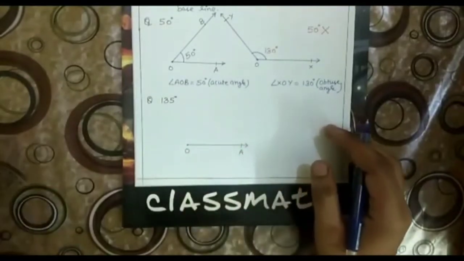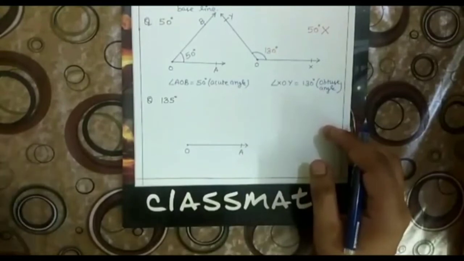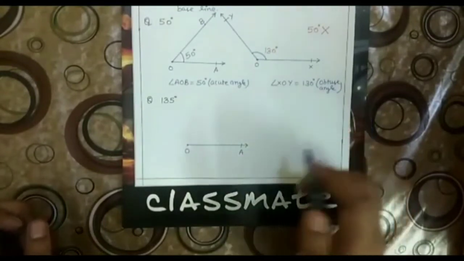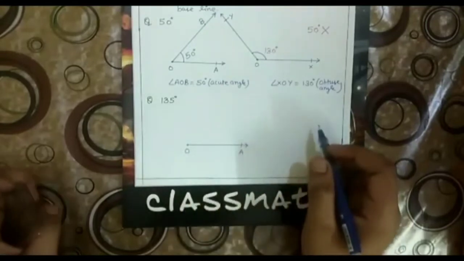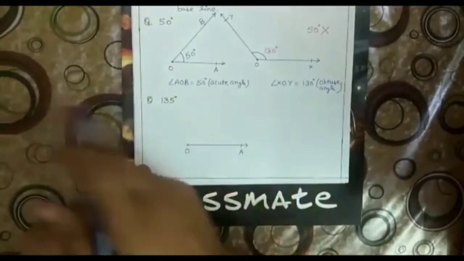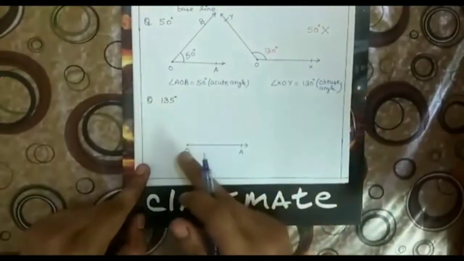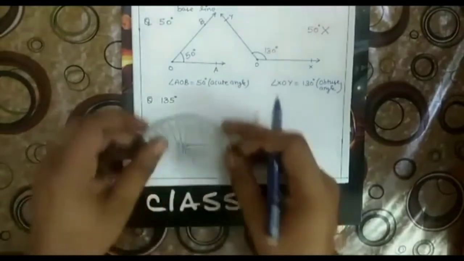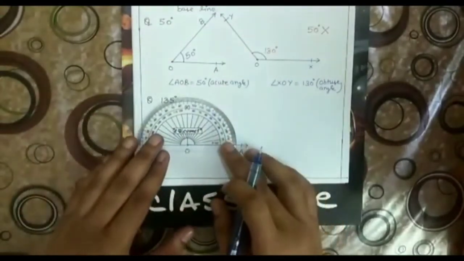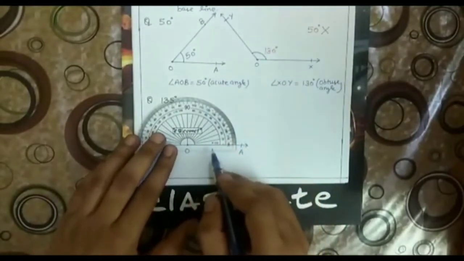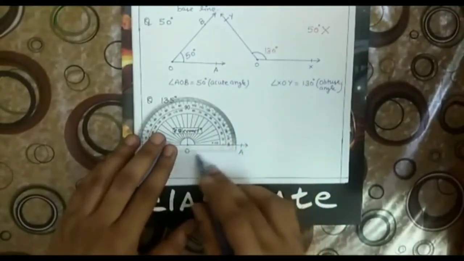Now you have to draw angle of 135 degree, and we know this angle is obtuse, so it will lie outside the baseline, to this direction, not this direction. Always lie outside the baseline because this is an obtuse angle. So place your protractor like this. This baseline should overlap ray OA.